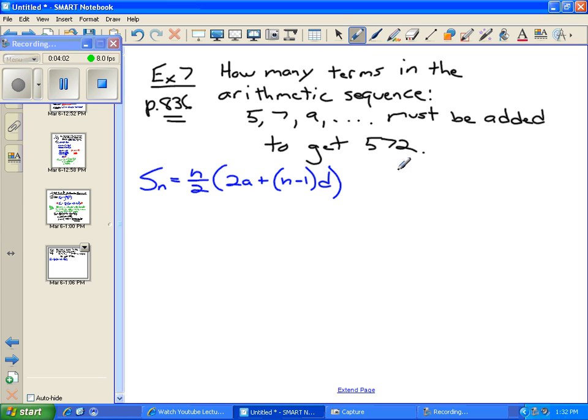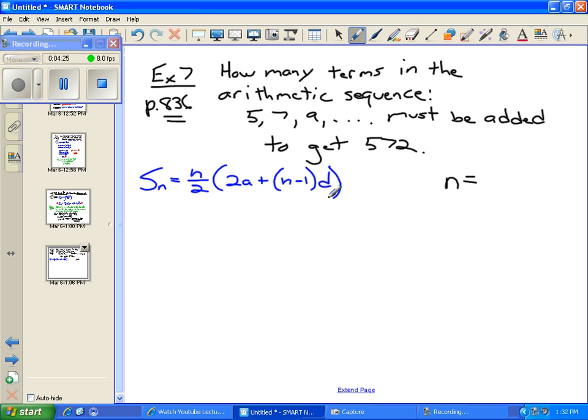All right, again, we're going to have to plug in what we know into our formula. This is the same formula that we used on the last problem. We're just going to do it again. Okay, we don't know what n is here. We don't know how many terms there are to add up. That's what we got to figure out. So at the end, we're going to have n equals whatever our answer is. But we can figure out everything else.